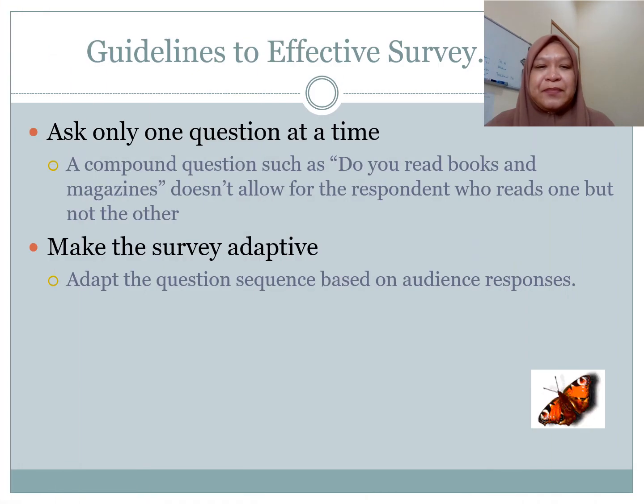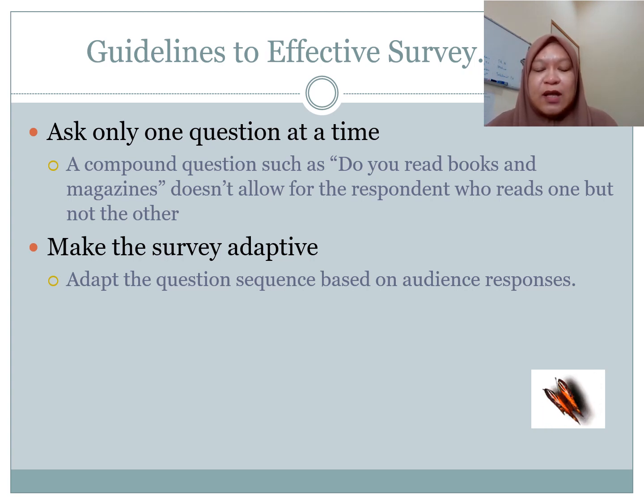Ask only one question at a time. In one sentence, in one question, only ask one question. Do you read books and magazines? If you ask this question, it will be easier for the respondent to answer yes if he reads both books and magazines, or no if he reads neither.